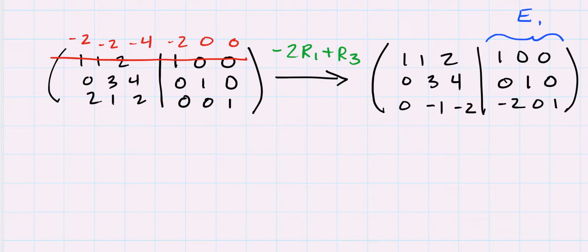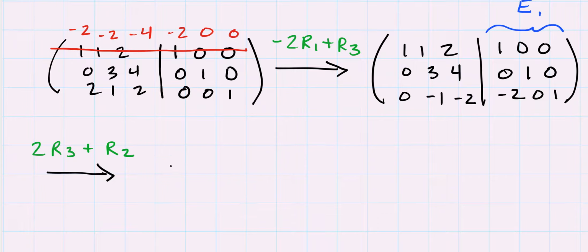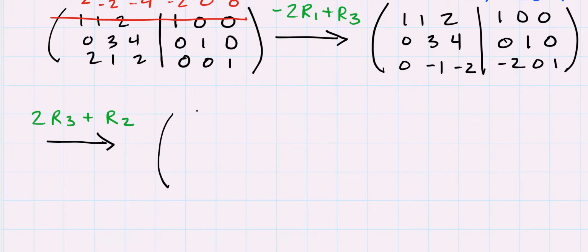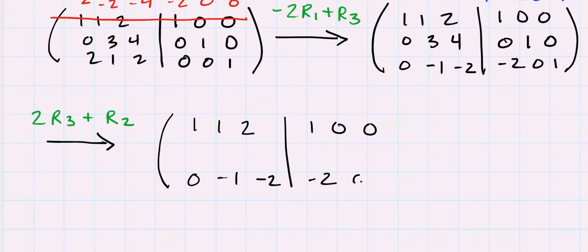Now let's continue this process. I'm going to do one more. If you recall, the second thing we did was we multiplied this last row by 2. So we did 2 times row 3, and then we added it to row 2. That way we can make this pivot a 1. Okay, let's do that.